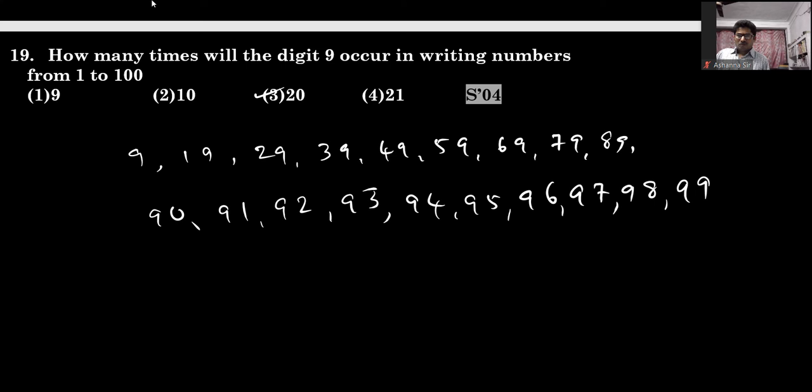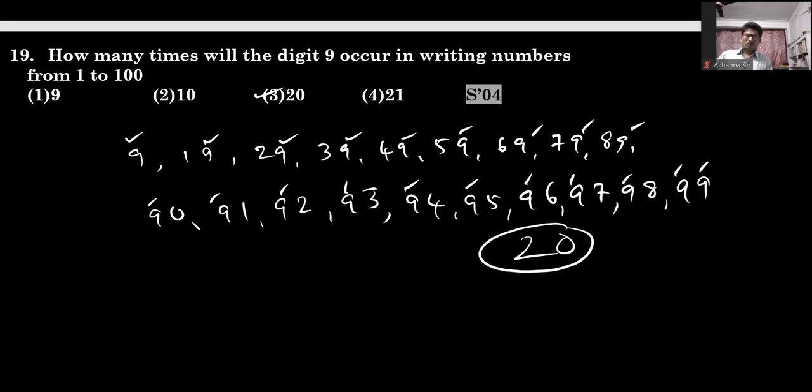So 1, 2, 3, up to 20. So 20 times. How many times? 20 times will occur.